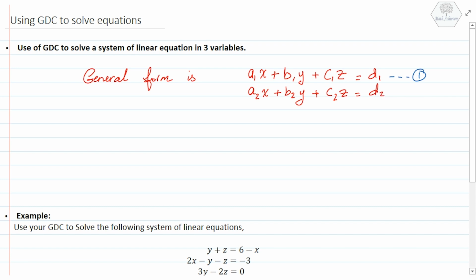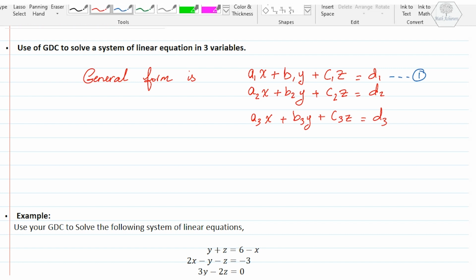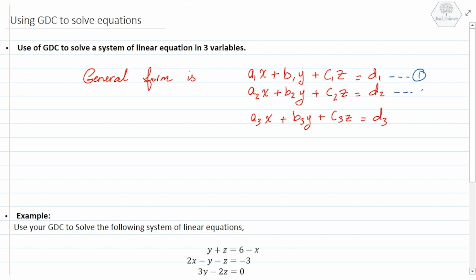And the third equation is a3 times x plus b3 times y plus c3 times z is equal to d3. So this is my second and this is my third equation. I need three equations because I have three unknowns, the x, the y, and z.